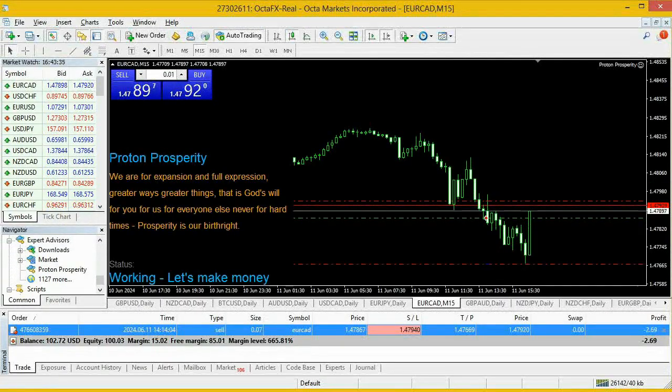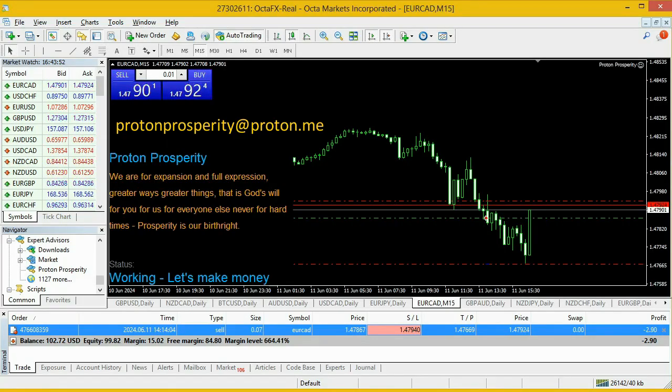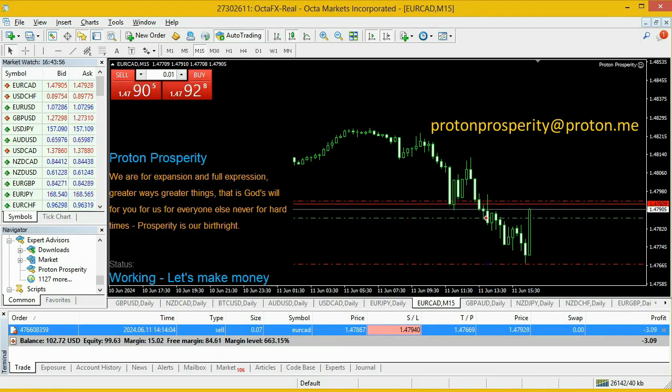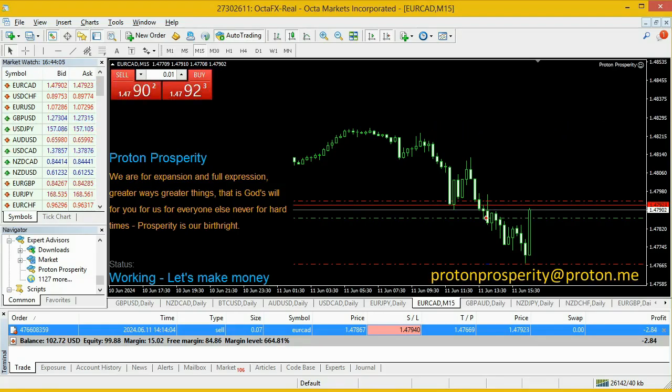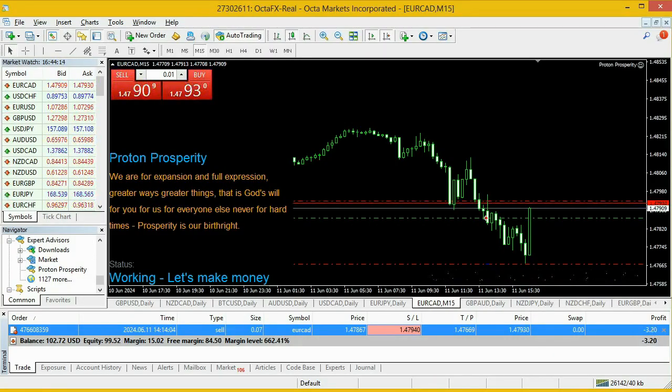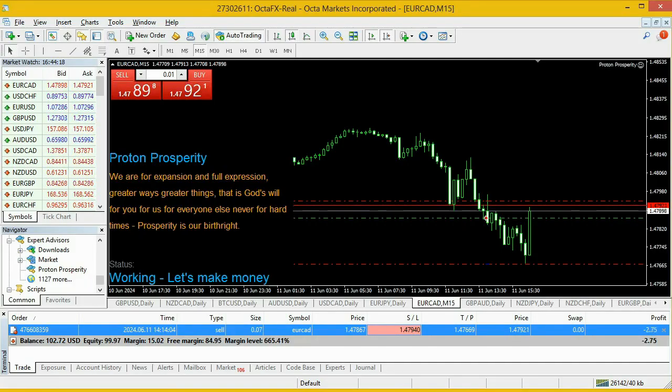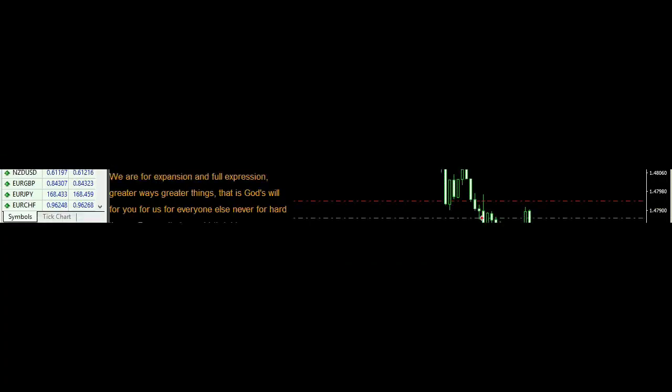But then price quickly retraces back upwards, and almost triggers our stop loss. Price then moves back downwards, towards our take profit.